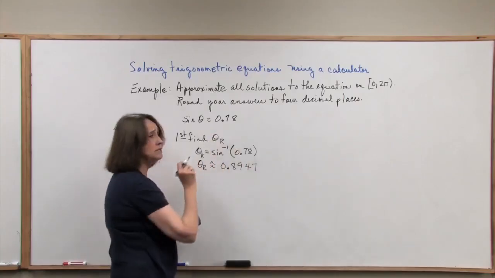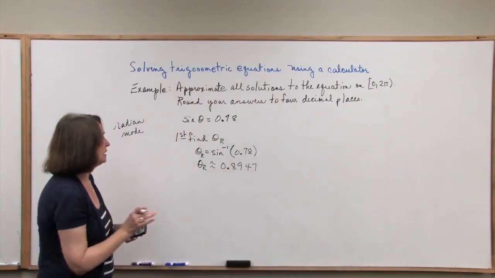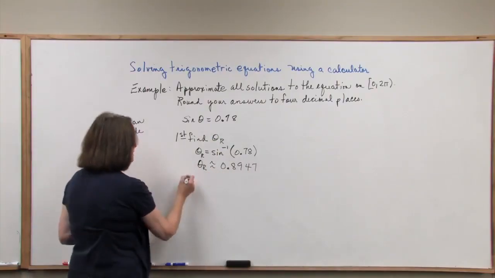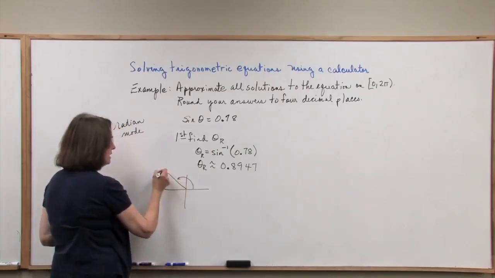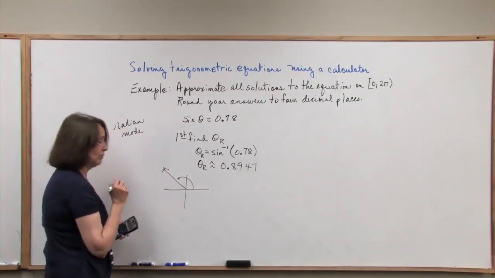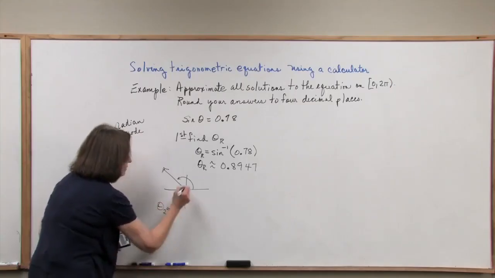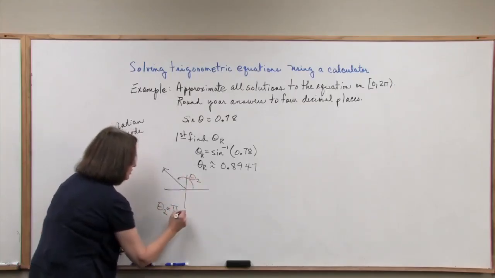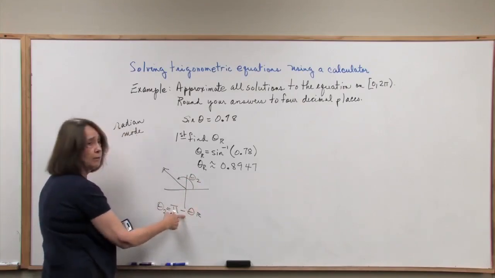The ratio is positive, so that will give us one solution, our reference angle. The second solution will be found in quadrant 2, which we will find, let's call it theta 2, by subtracting the reference angle from pi.